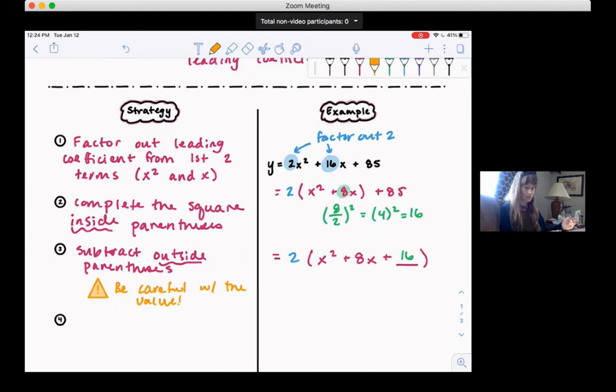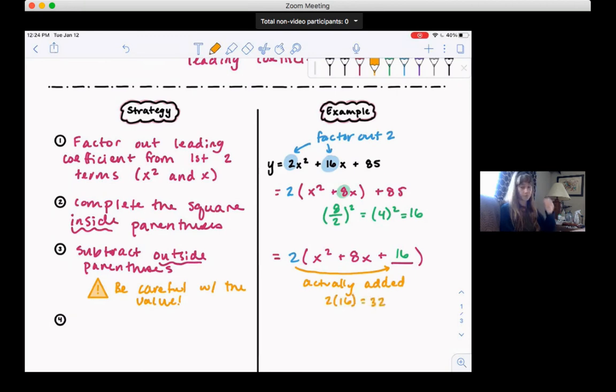But in this case, since we added 16 inside this set of parentheses, and everything inside those parentheses is being multiplied by 2, what we've actually added to this function is 2 times 16, which equals 32.